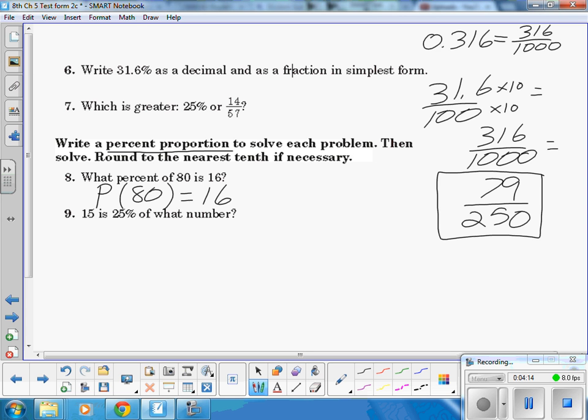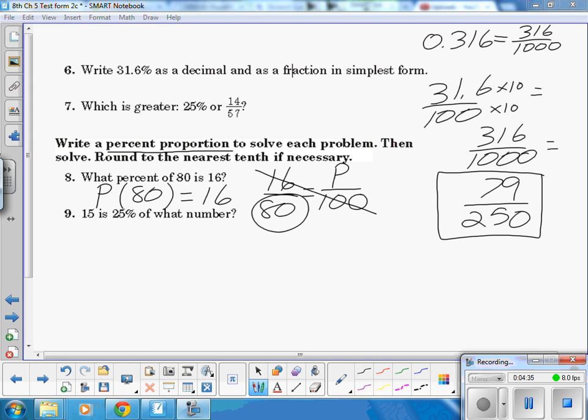So if we do a percent proportion, our percent is P, our whole is 80, and our part is 16. You will solve this by going 16 times 100 and dividing by 80. The answer is 20. So what percent is that? That is 20%.